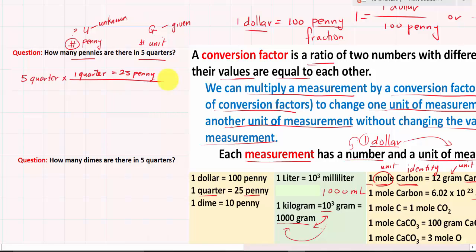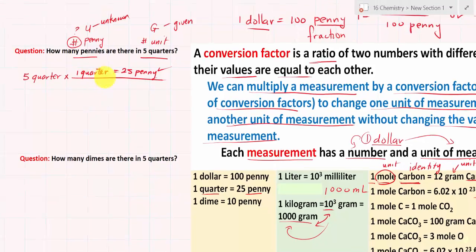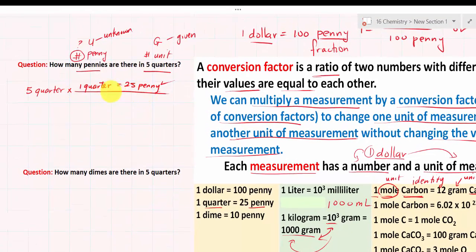The last thing we have to do is multiply this as a fraction or a ratio, because this is a conversion factor. We cannot just multiply a conversion factor like this. We have to convert it into a fraction. So how do we convert this into a fraction? We just take our given, 5 quarters, times. Notice there are two parts, one with a quarter and one with a penny. They are two different units.